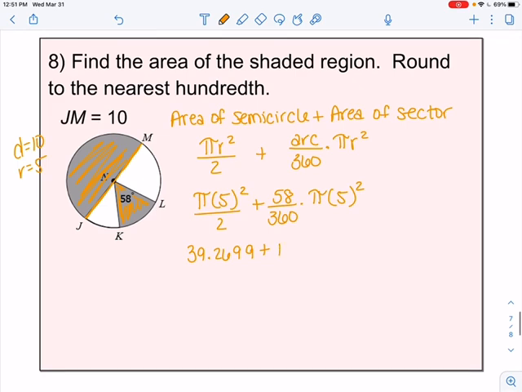And when you do that, you should get 12.654. So now when you add the two of them together, you should get 51.9239. Nearest hundredth means 2 spots after the decimal, which means this is going to round to 51.92 in the end. And that is all for chapter 10.